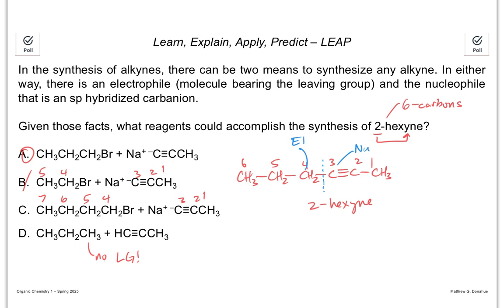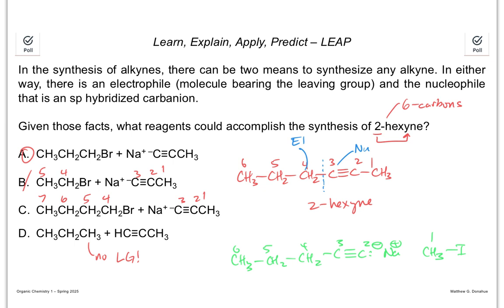So the other way of doing it would have a 5-carbon nucleophile and then a 1-carbon electrophile.